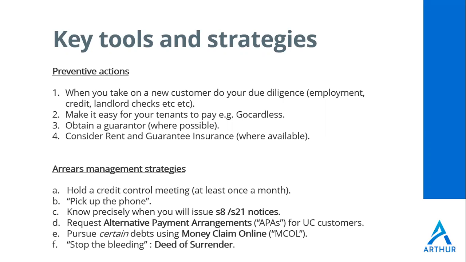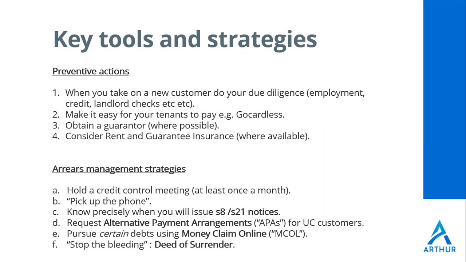Moving on, something that's been around for quite a while, but has been simplified recently, is where you have a Universal Credit customer. When that customer gets into 2 months' worth of arrears, you can go onto a website and ask for the payments to be made directly to the landlord, as opposed to the tenant, going forward.